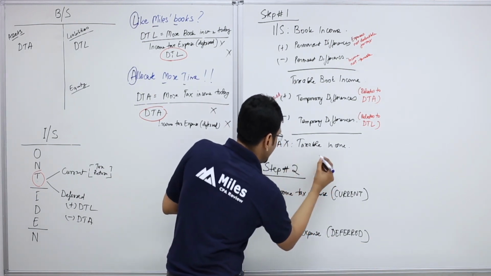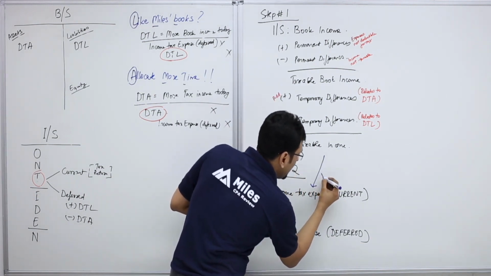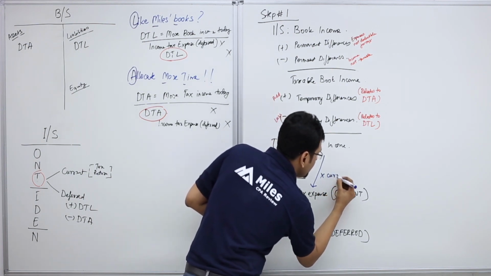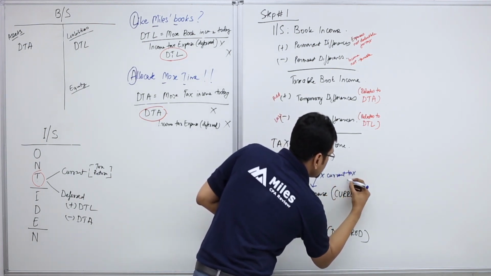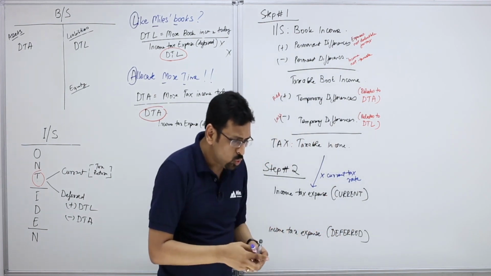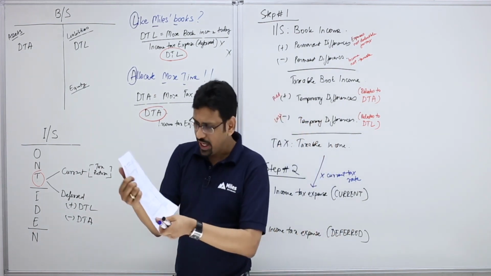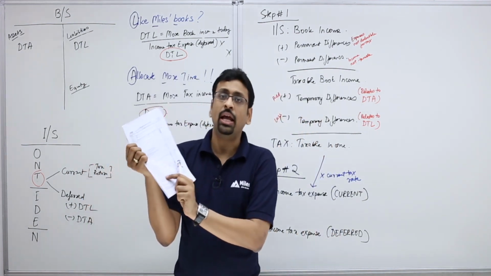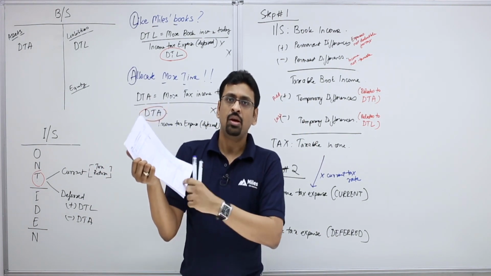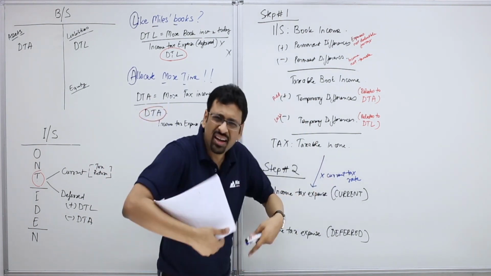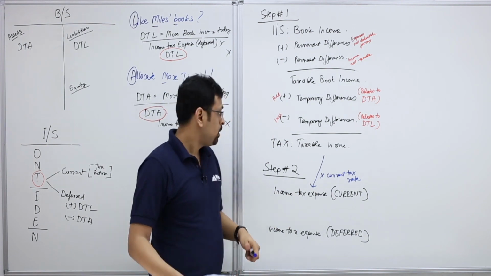So we're going to use this taxable income, multiply it by the current tax rate. That's what we do on a tax return, right? So once we get to a taxable income, we calculate the total tax. How do we do that? By multiplying it by the current tax rate today.